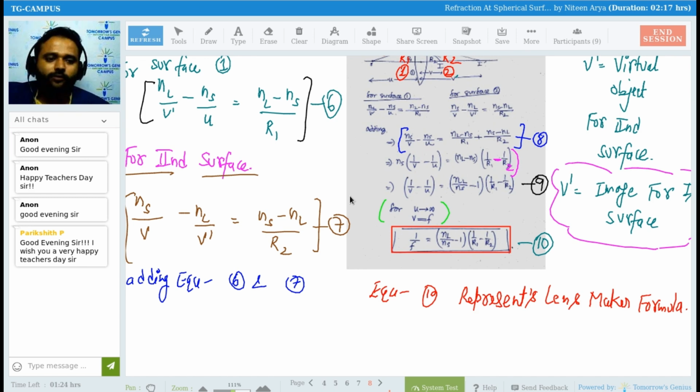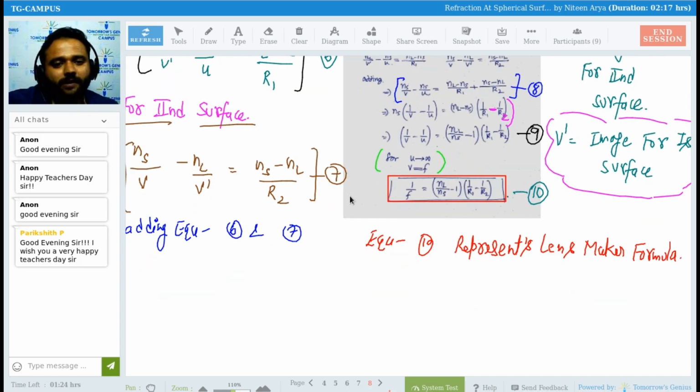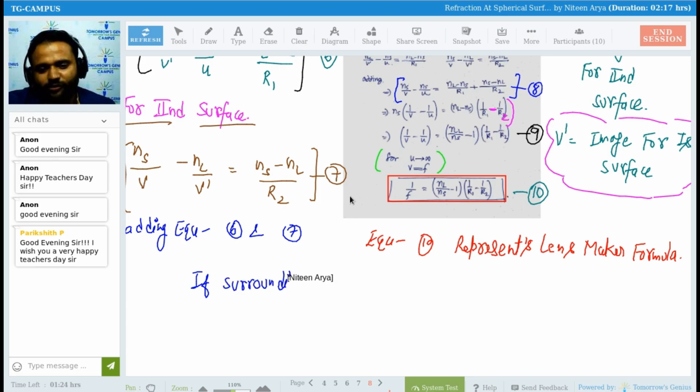How much focal length we require depends on the R1, R2 scenario, and on the medium of the lens, or you can say the refractive index of the lens and the refractive index of the surrounding. In general, if the surrounding is air, then ns is going to be 1.